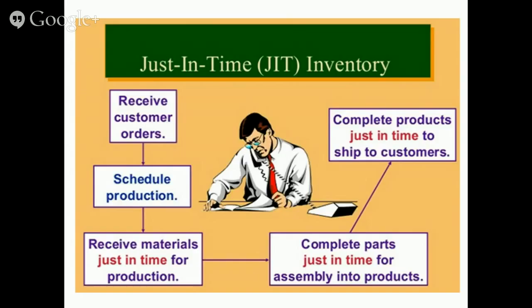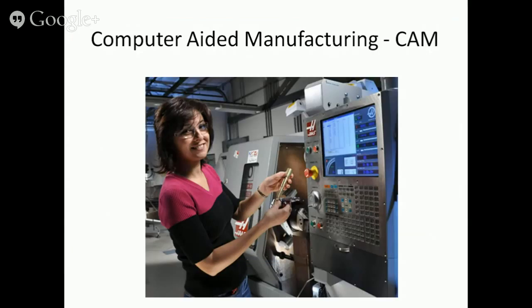Parts for assembly must be manufactured and assembled, and the finished product must be delivered to the customer, and everything must be done just in time. The only way to meet all these demands is to use computers wherever this is possible. In other words, computer-aided manufacturing, CAM, is the answer to the challenge of the modern market.